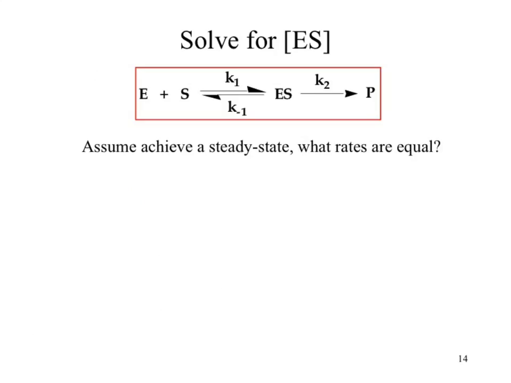Okay? So we assume that we achieve a steady state. Okay? So everything kind of balances out. So the rate of the formation of your enzyme substrate complex will need to equal the rate of its decomposition. Okay?